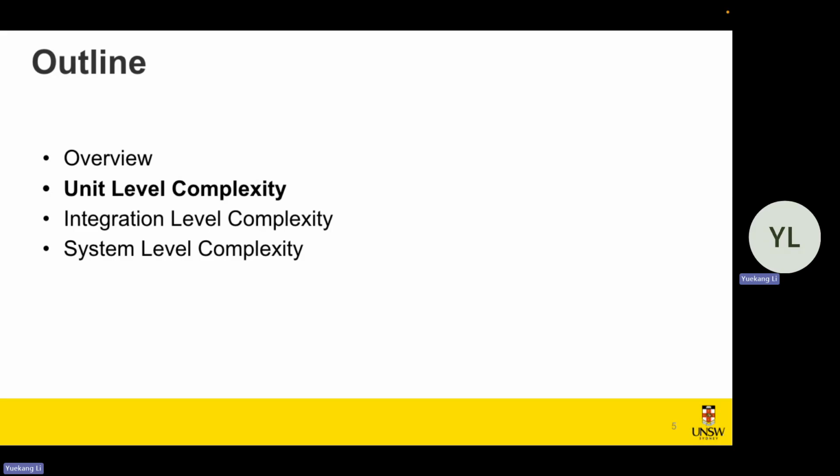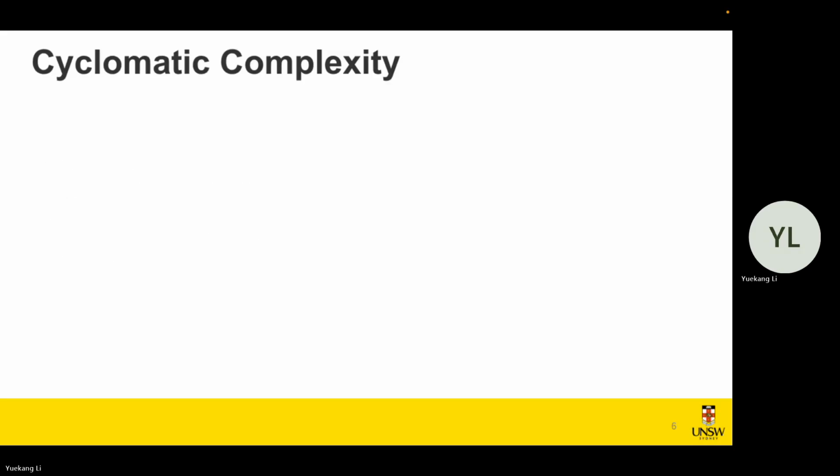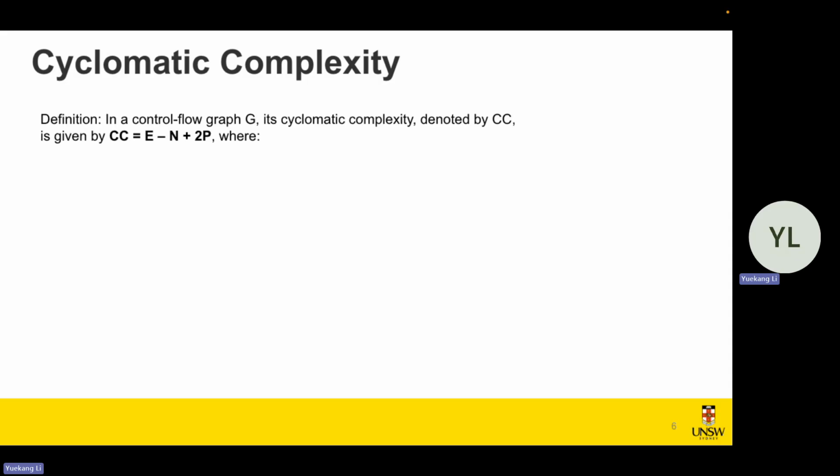Okay, so now let's learn different complexity metrics, and let's start from the unit level complexity metrics. Unit level means that we care only about what's happening within a function. The first complexity metric we are going to learn today is called cyclomatic complexity. It is calculated based on the control flow graph, which we learned about when we studied white box testing.